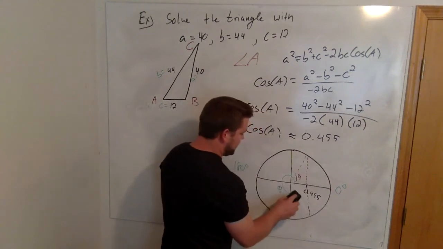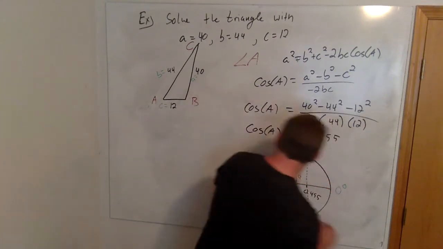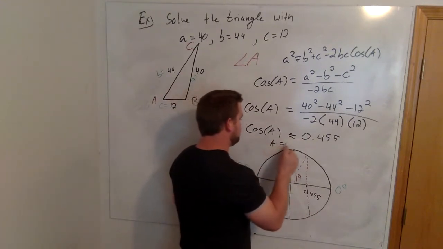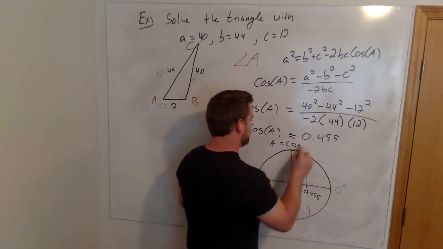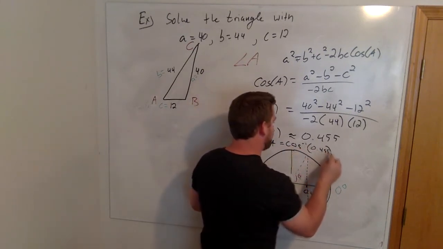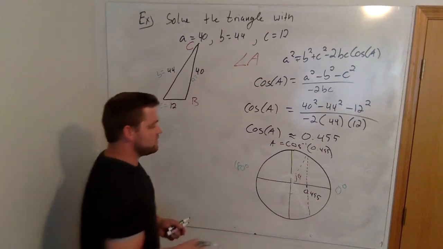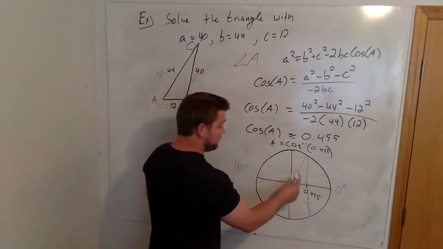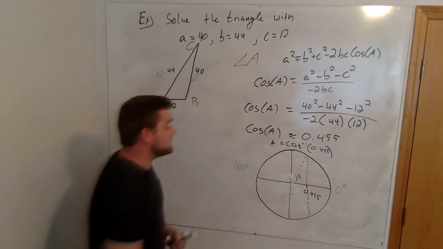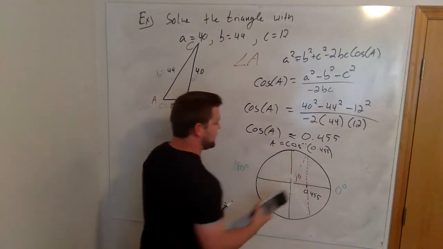Now, you could have blindly not thought about this at all, because when you plug into your calculator that A is equal to the cosine inverse of 0.455, this is fine because your calculator is going to spit out this angle, this theta 1, this acute angle. We should be expecting an angle between 0 and 90 degrees.